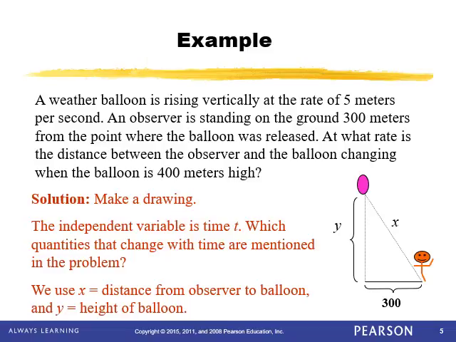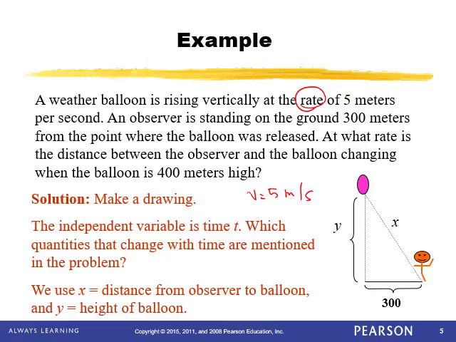So first things first, you want to make a drawing. The key thing here is rate: the balloon is rising at 5 meters per second. So that is like our velocity, right? Our velocity here is 5 meters per second.